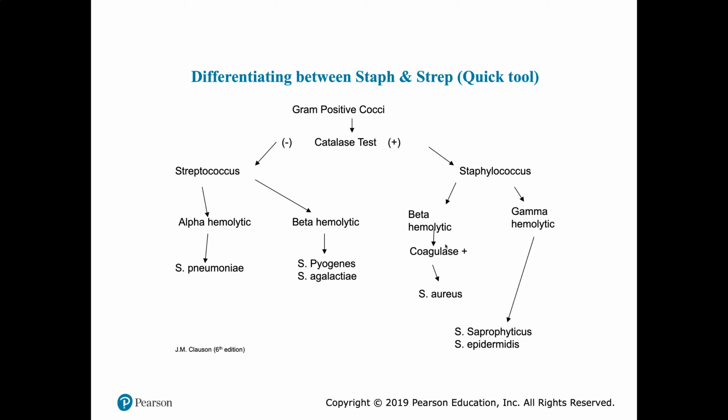So you line up 4 test tubes, you take your sample, you take a colony, and you put it into test tube 1. You take another colony, put it into test tube 2, 3, 4. All these test tubes have plasma in them.